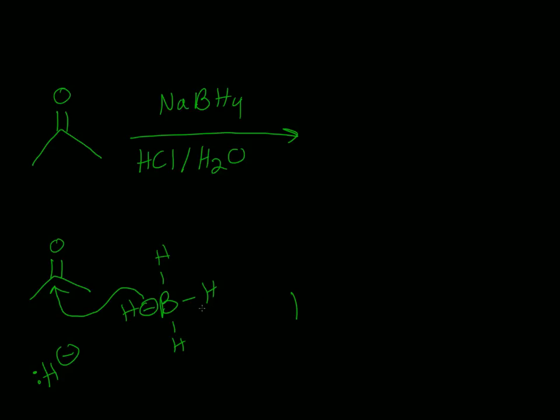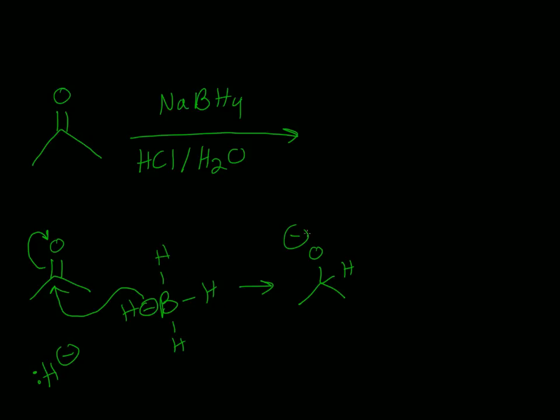So this hydride will attack this carbon and it will push up these electrons. It will break this pi bond. If we didn't break that pi bond, we would have 1, 2, 3, 4, 5 bonds, and we can't have that. So now we have something that looks like this, an O minus. Our hydride from the sodium borohydride attached right here. There's our hydrogen from the sodium borohydride.